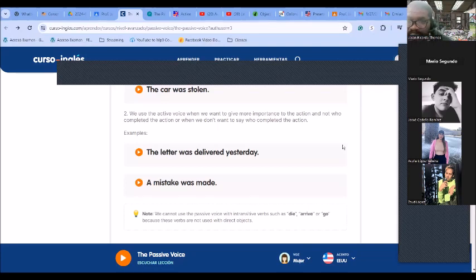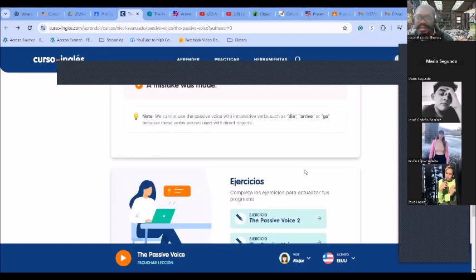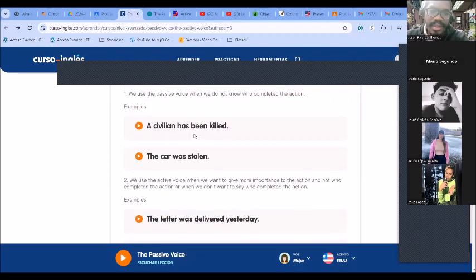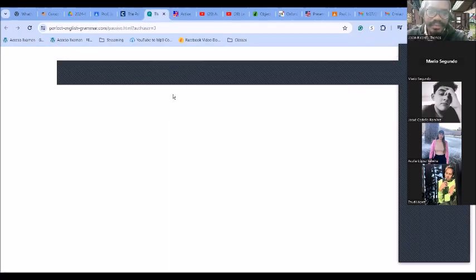Therefore, for sentences where we have intransitive verbs, we cannot use passive voice. However, there are other opportunities to use it, all right? So we saw these two.